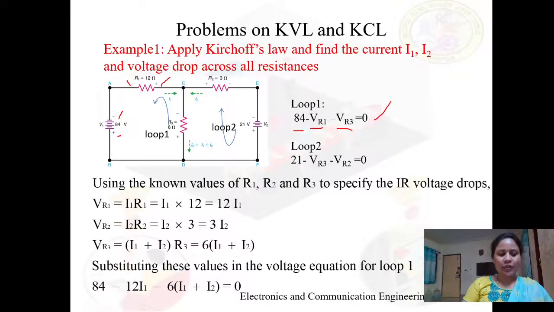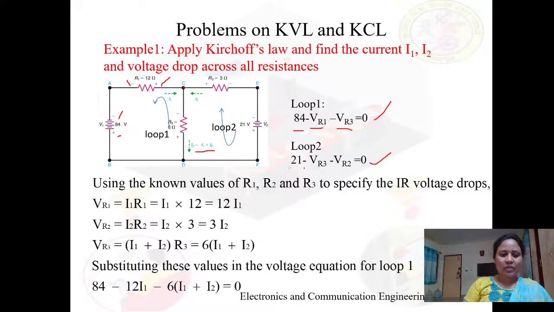Now, let us substitute the different voltage drops. Let us assume the current meeting at point C is I1, and for the second loop we take the current as I2, which meets at point C. At this particular branch, that is through R3, let us call the current flowing I3, which according to KCL, the sum of currents entering junction C, that is I1 plus I2, is equal to I3.